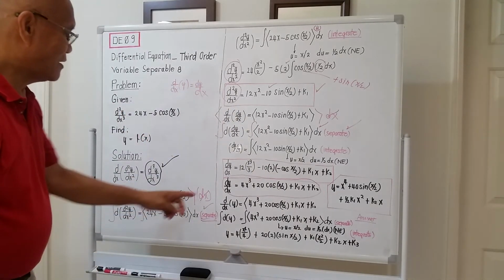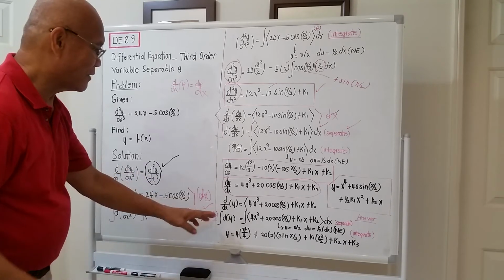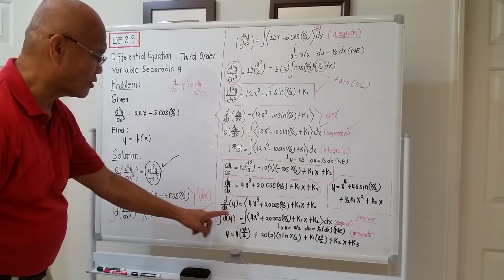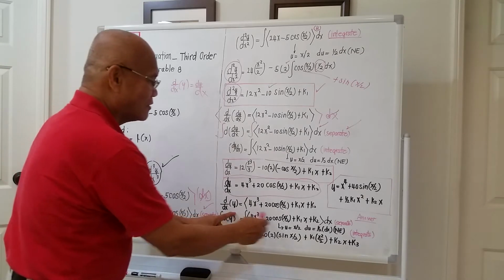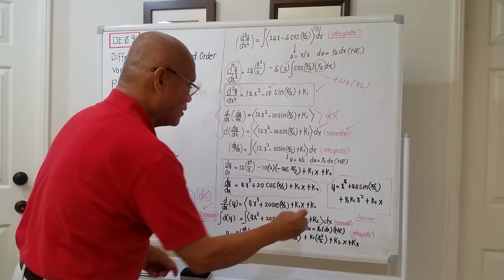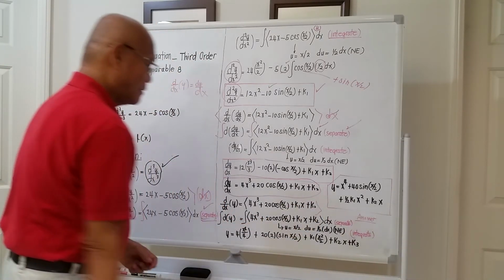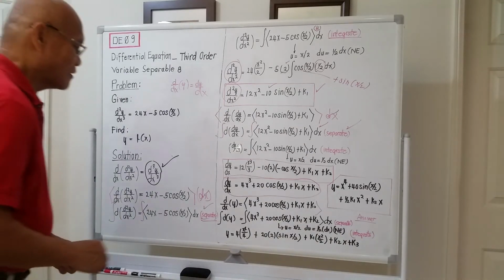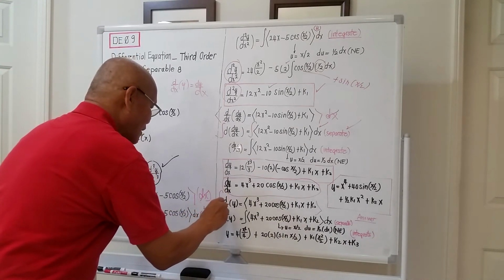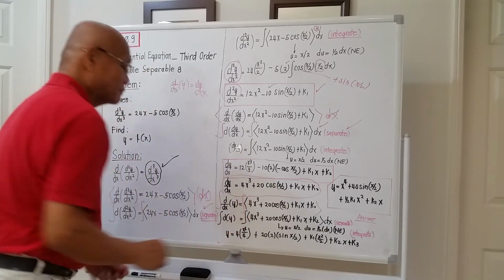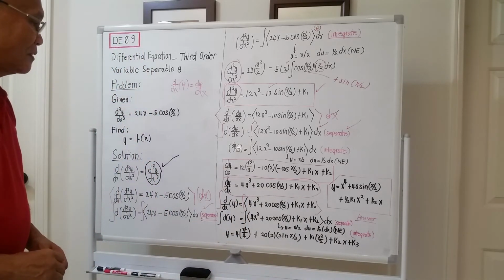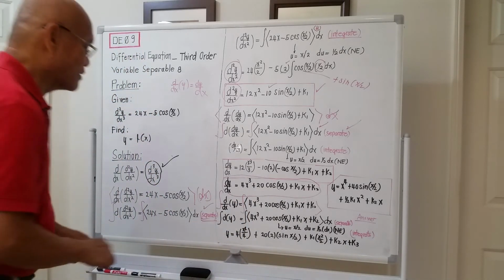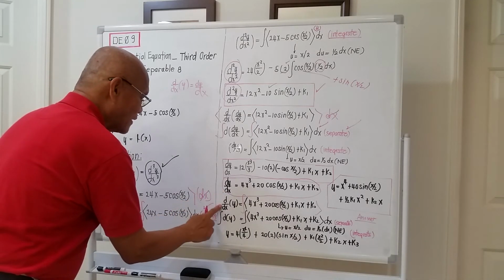So the dy/dx on the left can be written as the differential with respect to x of y equal to the right hand side. This should be a close bracket. Right? Then try to take the integral of both sides. Let's try to separate first.